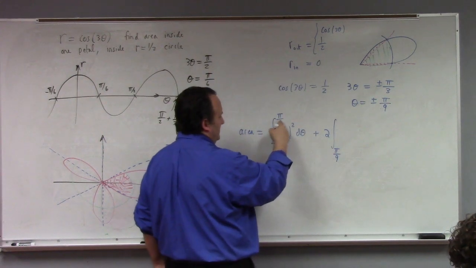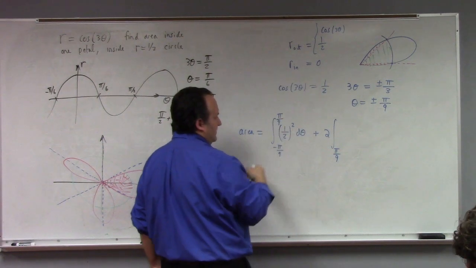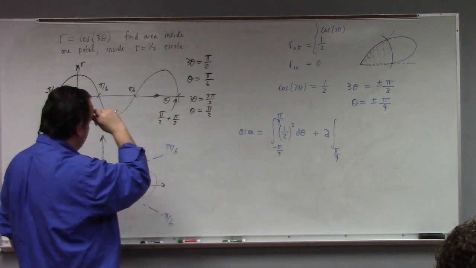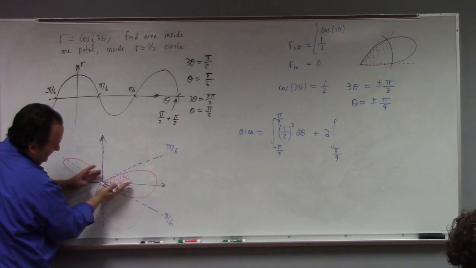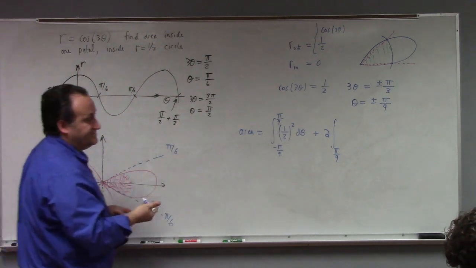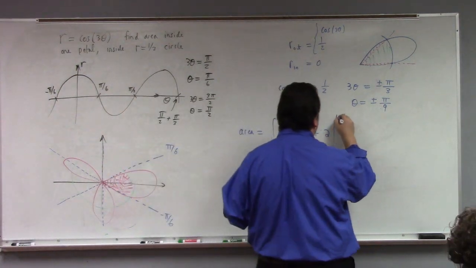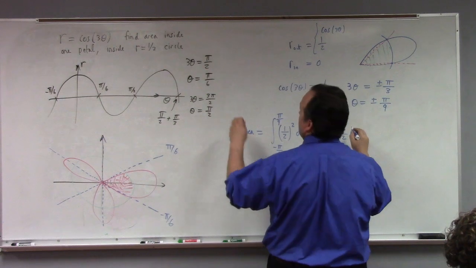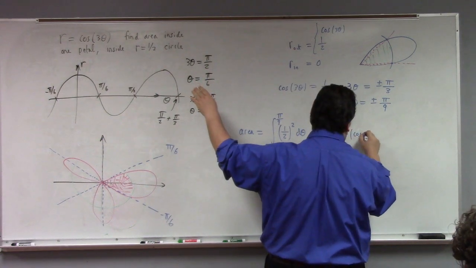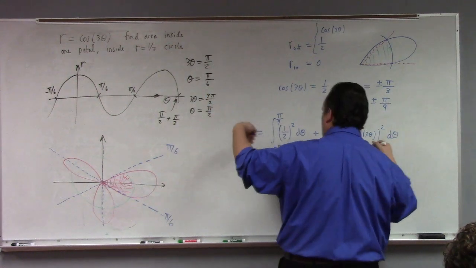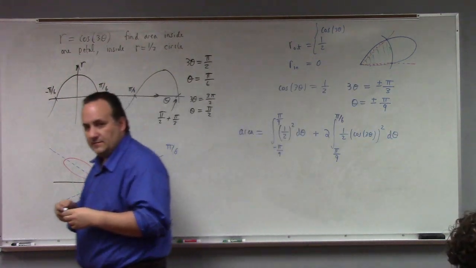That's pi over 9, my bad. So plus the integral from pi over 9 up to what? Going back to here, from pi over 9 all the way up to pi over 6, 1/2 times cosine 3 theta quantity squared d theta. That's how you would calculate the area of this problem.